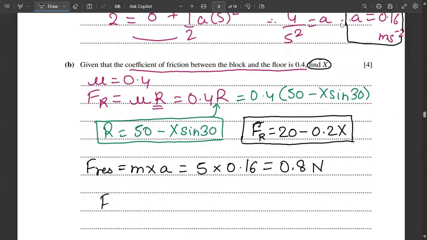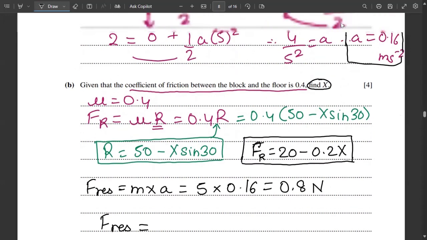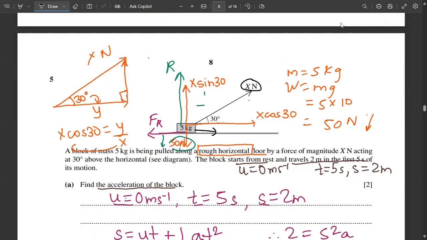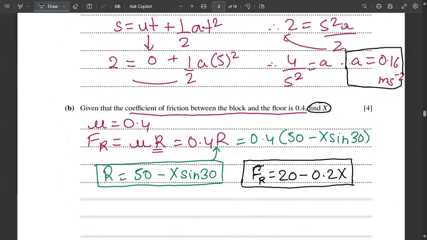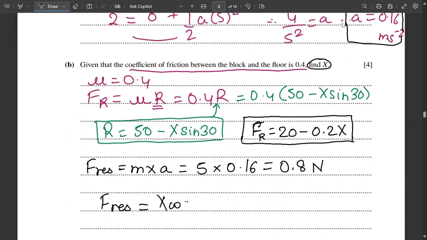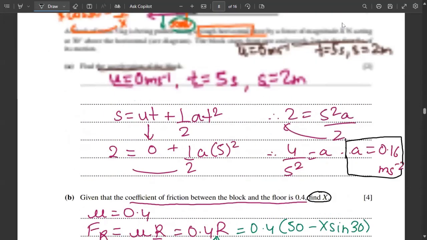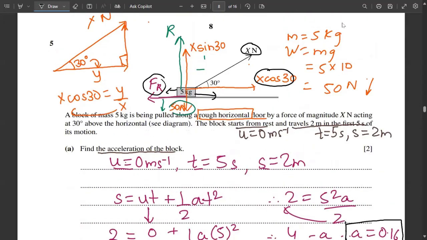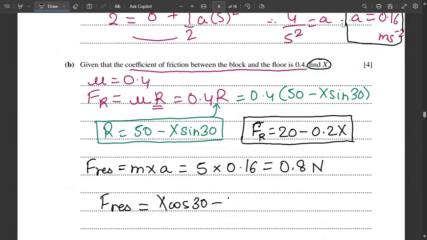We also know that F resultant will be the forward force minus the backward force. The forward force is X cos 30, and the backward force is FR, so minus FR.